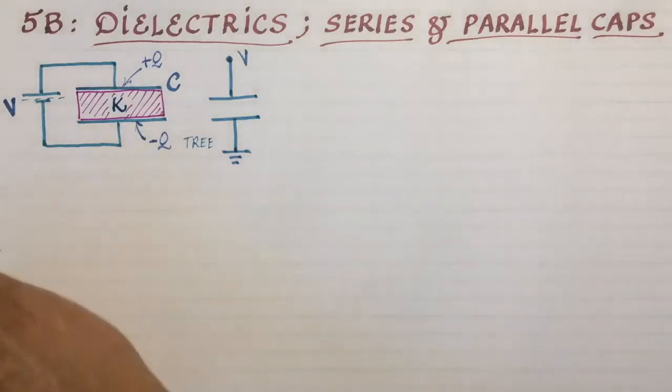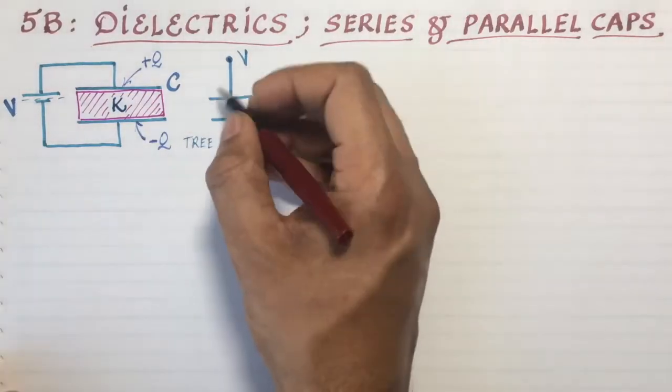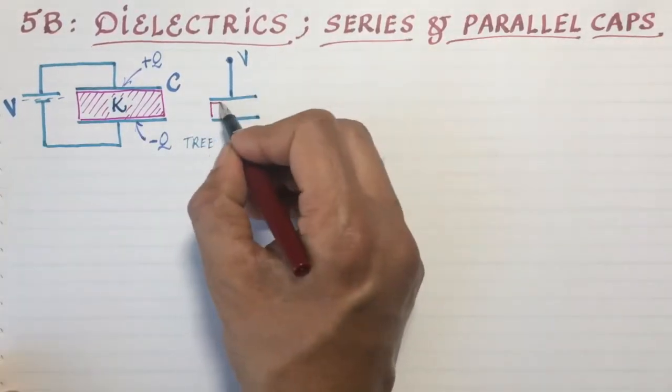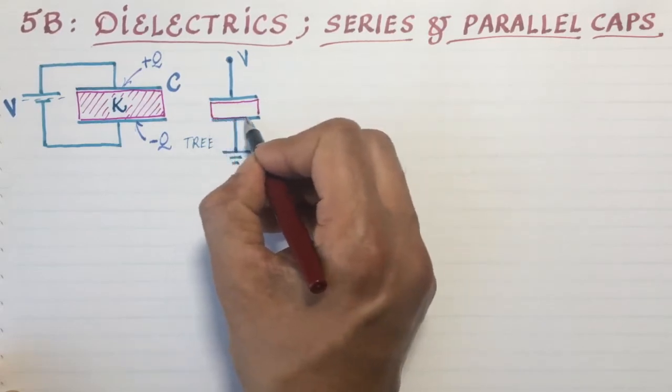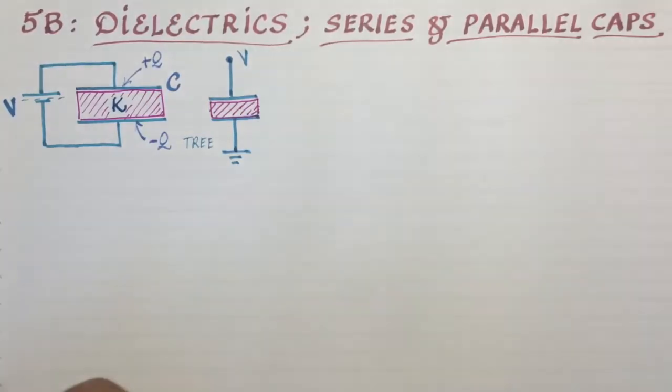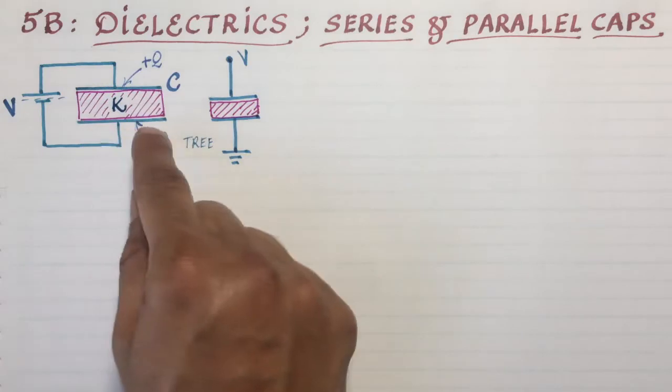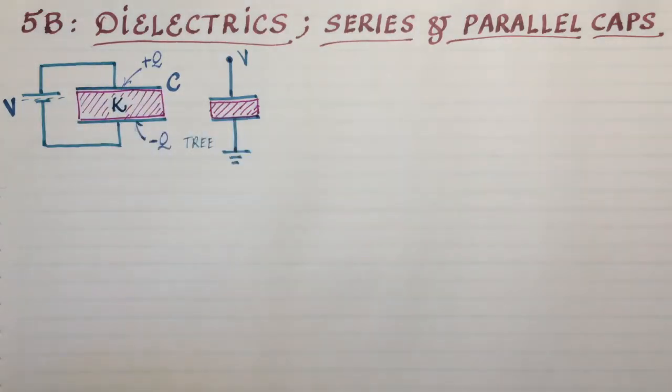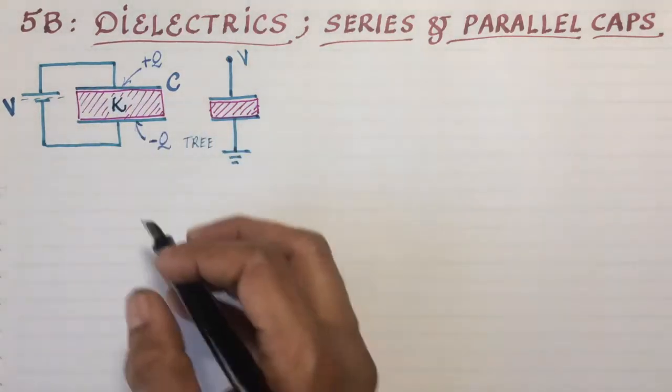So I have put some dielectric inside this capacitor. What happens to it? Actually, what happens is that the capacitance of the capacitor increases. Now the symbol of a capacitor, by the way, is a parallel plate, going to show that parallel plate capacitors are the most important.